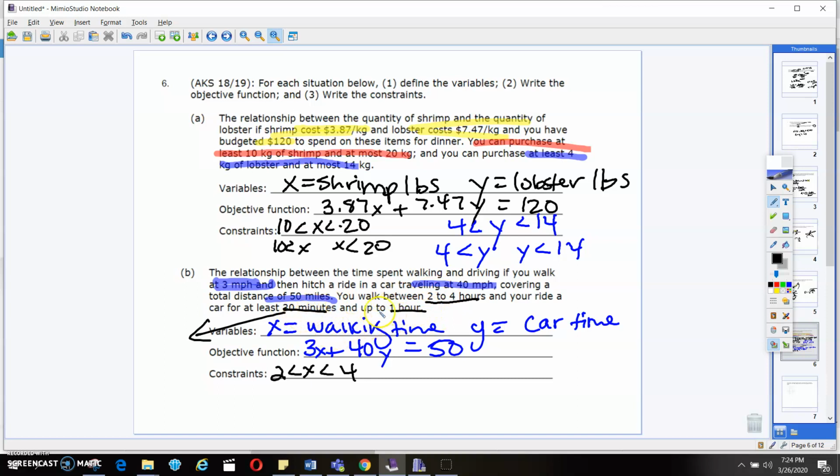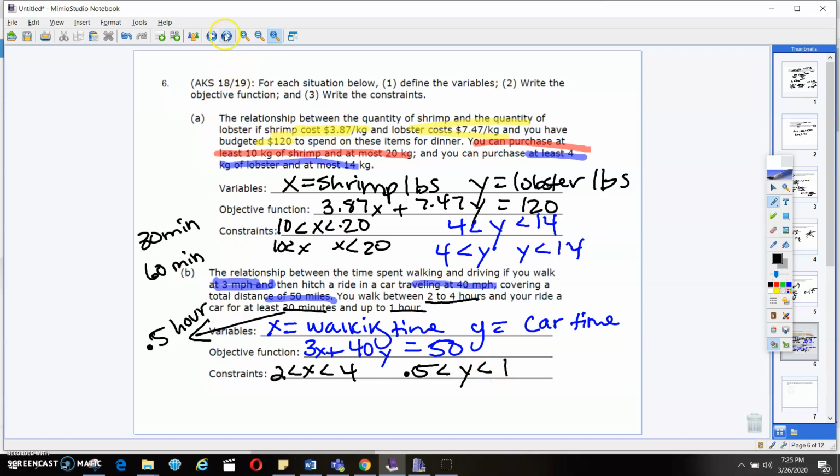We need to make sure that they're both in the same unit. So 30 minutes, well, that's half an hour, right? Because a whole hour is 60 minutes. So how do we represent 1/2 in decimal form? Well, we say 0.5 of an hour. So our car time is going to be between 0.5 and 1 hour.